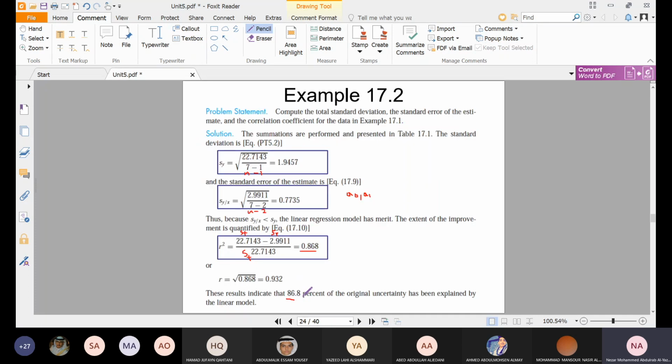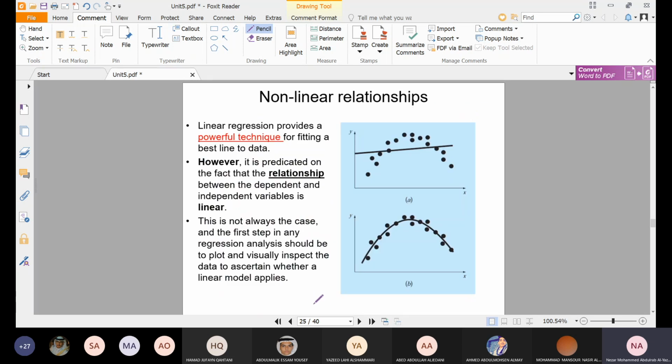Okay, so after that, we want to study what happens if we have a linear equation, because not all the data can be explained by a linear line. For example, if we have this curve of data, as we know, linear regression provides a powerful technique for fitting the data.